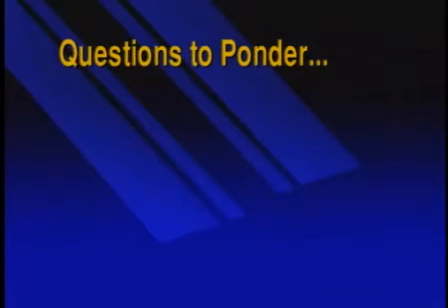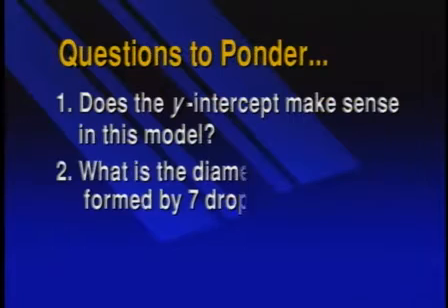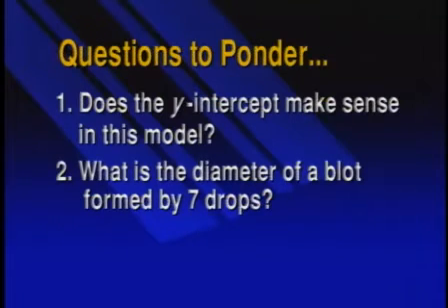Let us use this model that gives us on the x-axis the number of drops and on the y-axis the average diameter of the blot formed to answer the following questions. 1. Does the y-intercept make sense in this model? Number 2. What is the diameter of a blot formed by 7 drops?